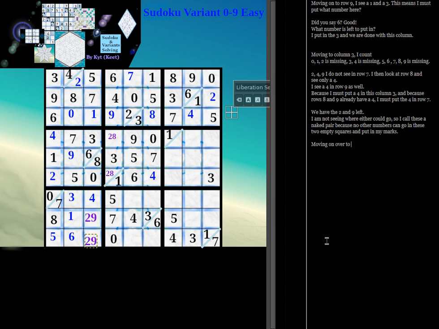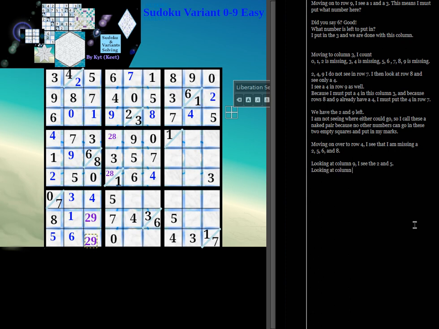Moving on over to row 4, I see that I am missing a 2, 5, 6, and 8. Looking at column 9, I see the 2 and 5.